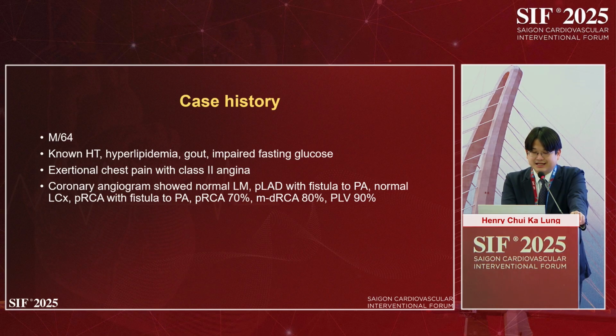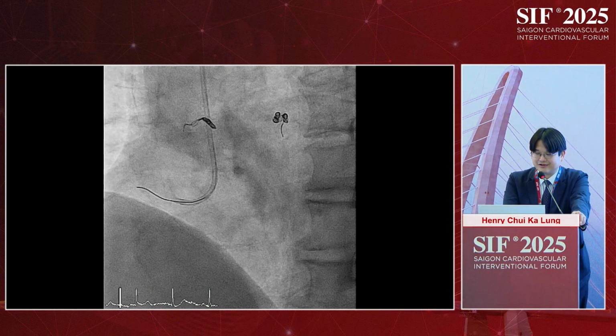So this is the last case I have: hypertension, hyperlipidemia, gout, and some coronary fistula. Normal left main, proximal LAD fistula to the PA, proximal RCA also fistula to the PA, and there's diffuse RCA disease, proximal 70%, mid to distal 80%, and also the PLV branch.